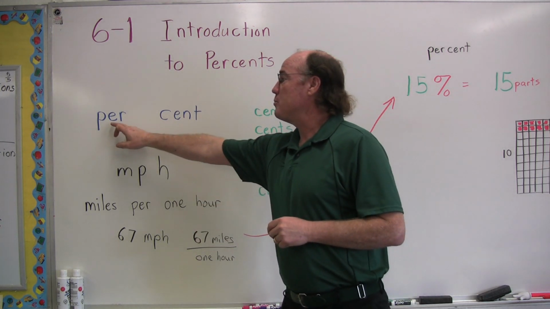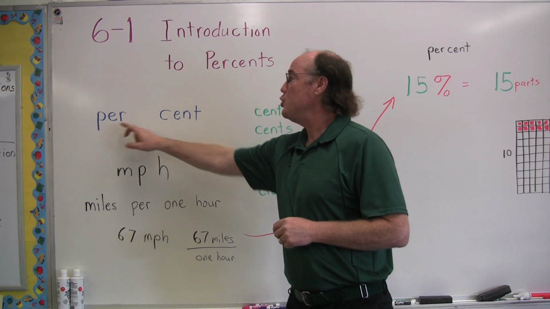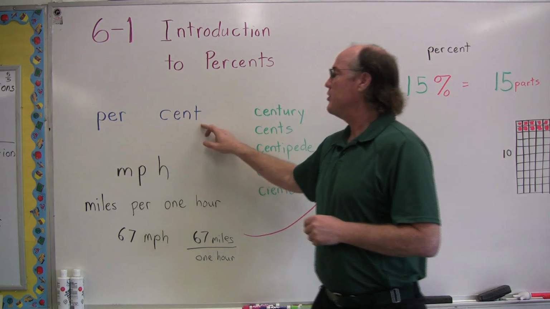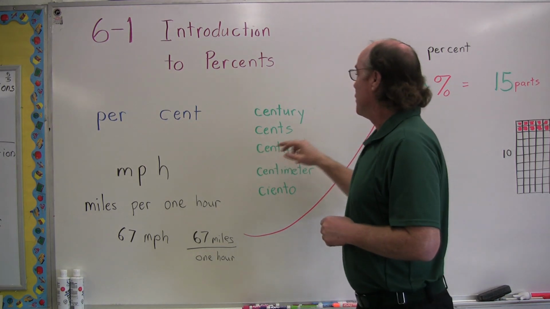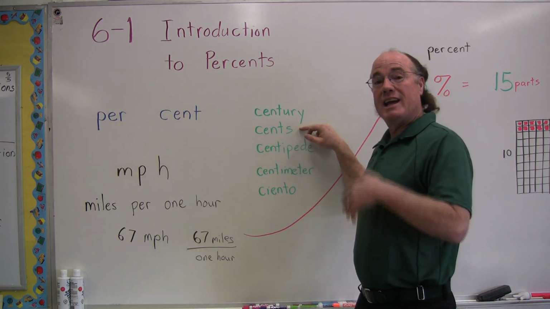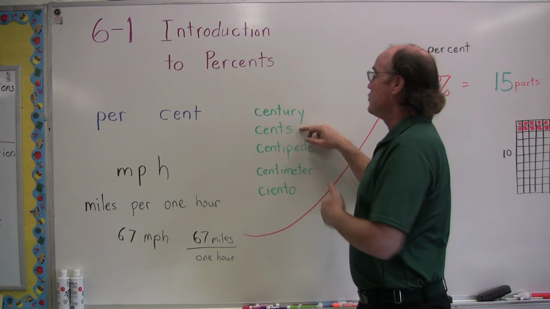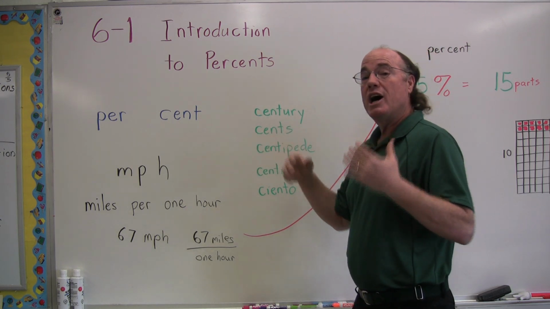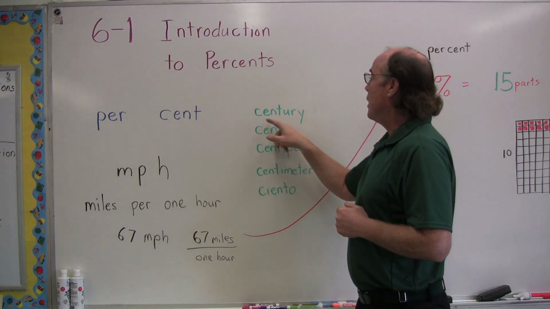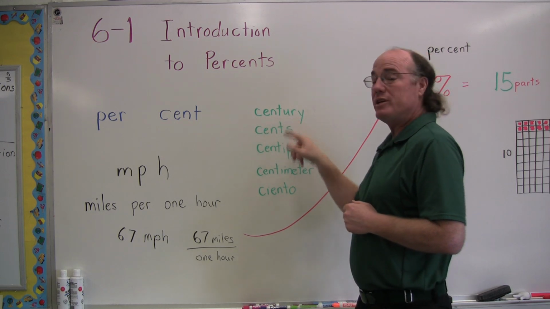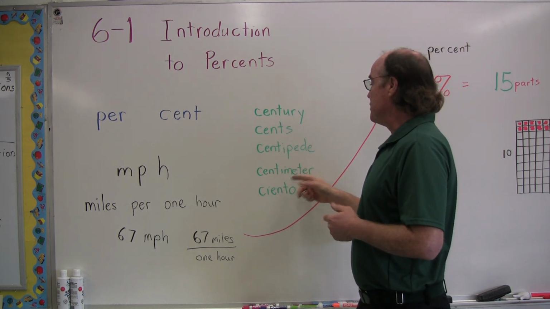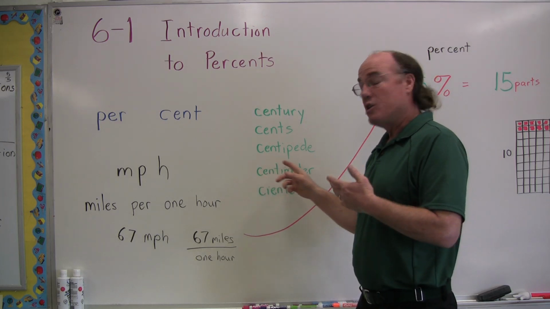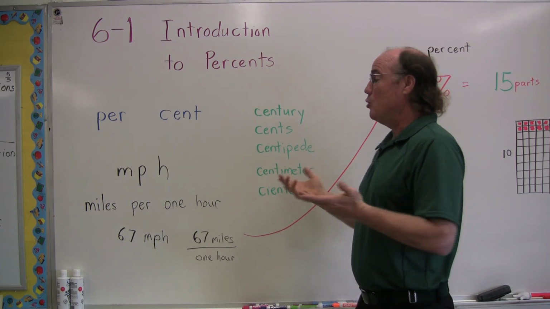If we break down percent into two parts, I think this is the part that most of us really understand, because we deal in dollars and cents. Cents has to do with 1/100th of a dollar. And then there's words like century, 100 years, centipede, 100 legs, centimeter, 1/100th of a meter, and ciento, which is 100 in Spanish.